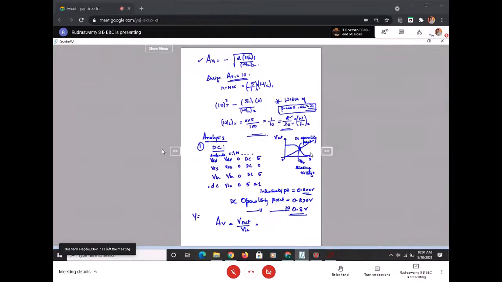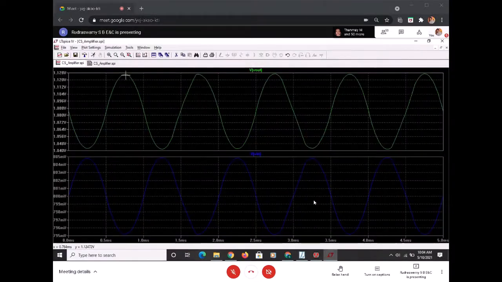This is with respect to my V out calculation. And the top peak is somewhere around 1.12 or something.